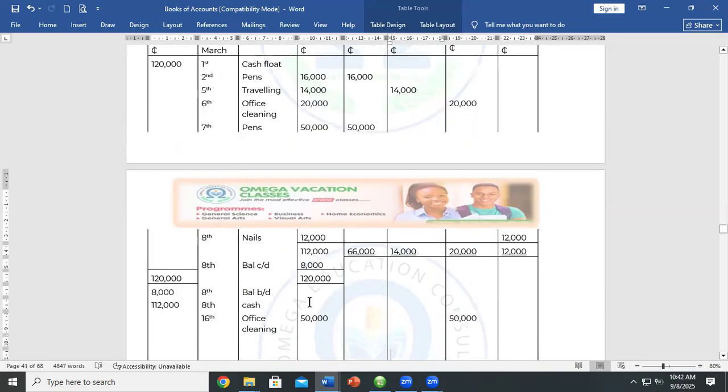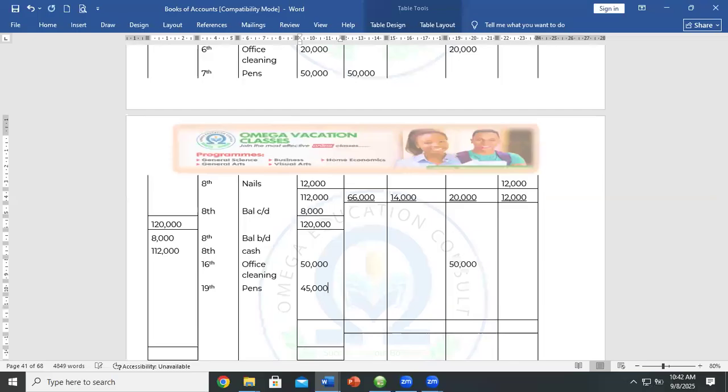It can pay for the next expense, which was on the 19th, 45. So on the 19th, we bought pens, 45,000. So that goes under pens, 45,000. Then the next expense is traveling, 16,000.